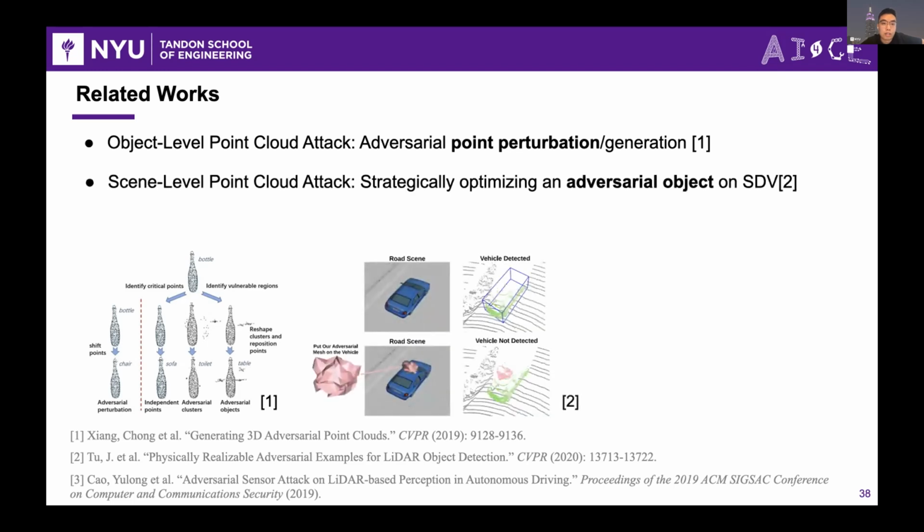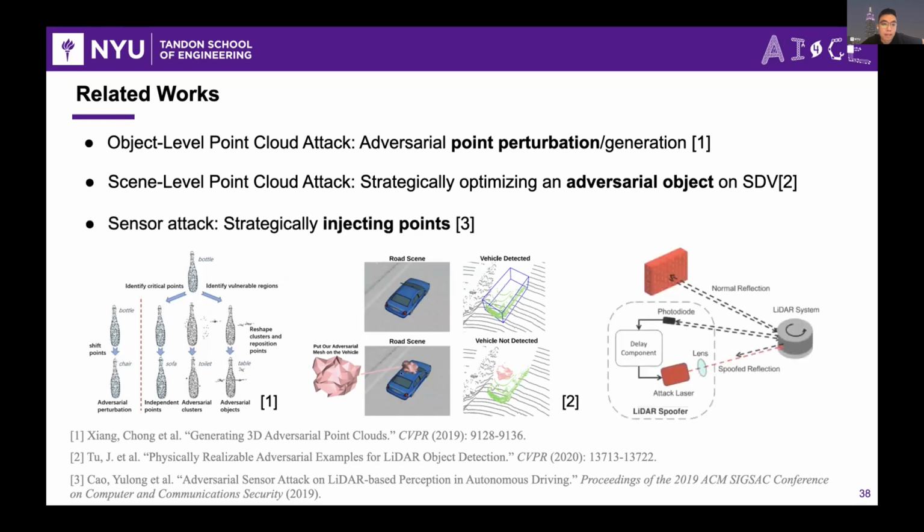For scene-level point cloud attacks, some methods strategically optimize adversarial objects and put them on the self-driving vehicle, so that the vehicle becomes invisible to the detector. Some researchers also propose physical-based attacks, strategically injecting points into the scene, which can impact the driving behavior.